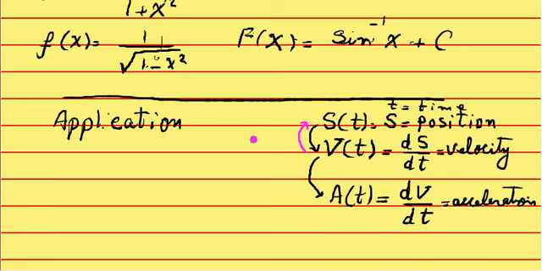That would be an application of anti-differentiation. Similarly, if you know the acceleration of your vehicle and you want to find the velocity, it's very simple. You just have to find the antiderivative of it. So going up is an example of anti-differentiation.